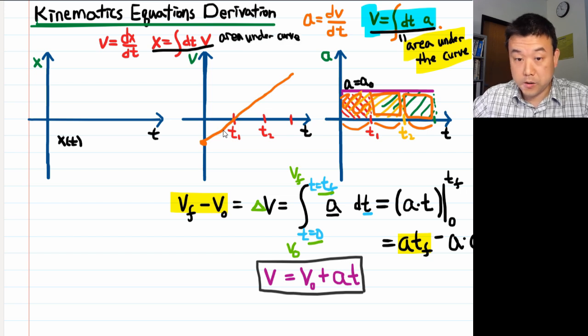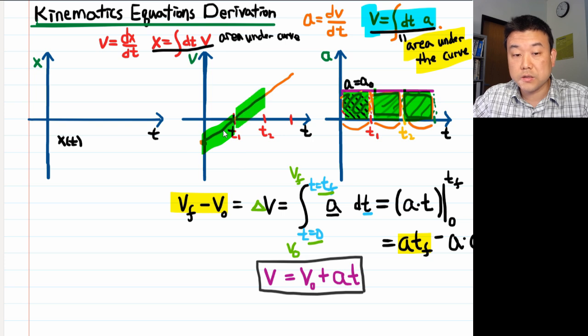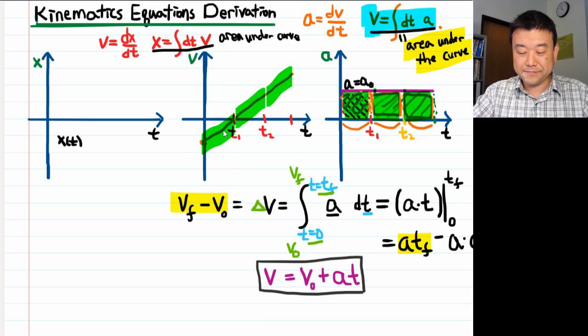Now before, with the area under the constant function curve, that area was the same size for the same time interval. So you could see that the amount of change in the velocity is the same amount. That's where we got the linear function.